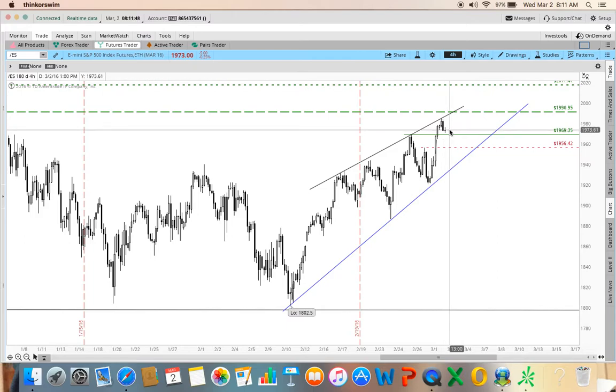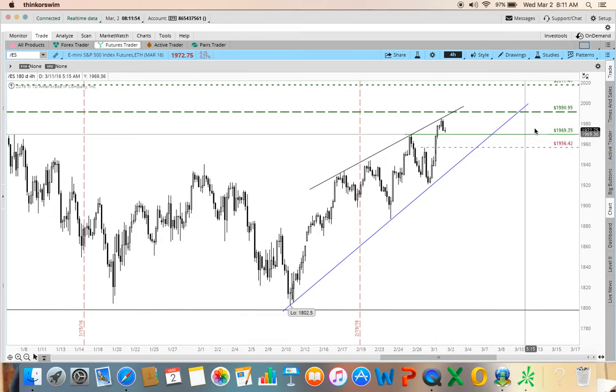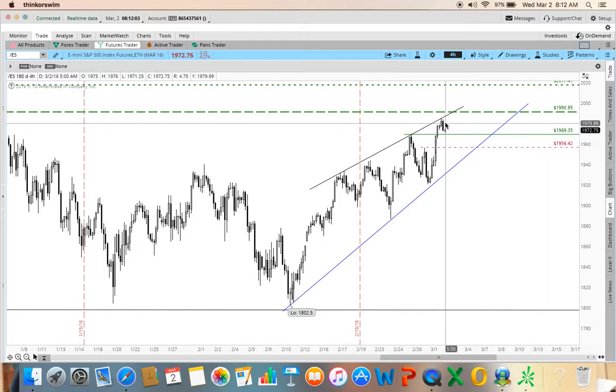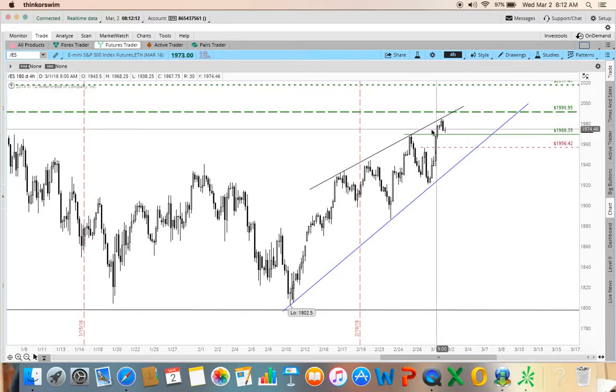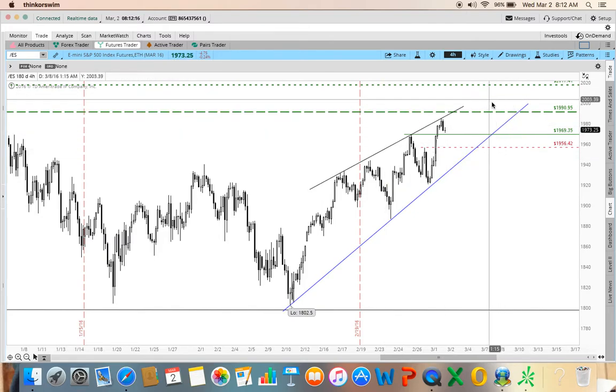You can see bears are trying to get their deeper pullback here, but we have a support here, a support here, two bear targets. If they take 1969, I'll look to buy again at 1956. If they bounce from here and we see the next leg up, I'll look for resistance, which is 1990. After we trade above 1990, which will be difficult because we have this trend line above that, and we have a target below, I look for 2000 resistance.